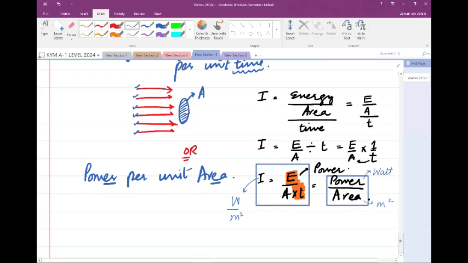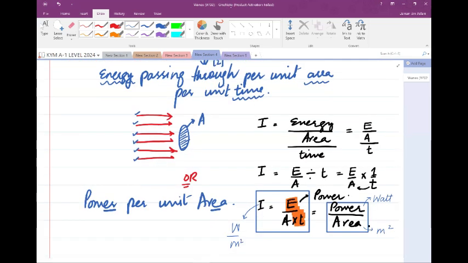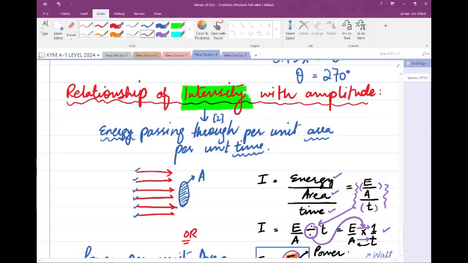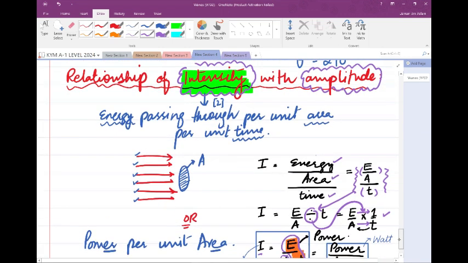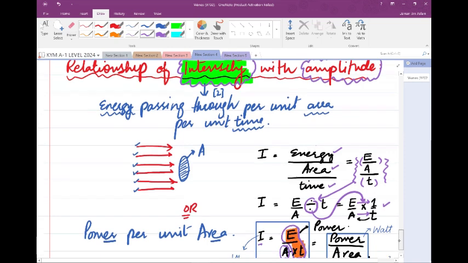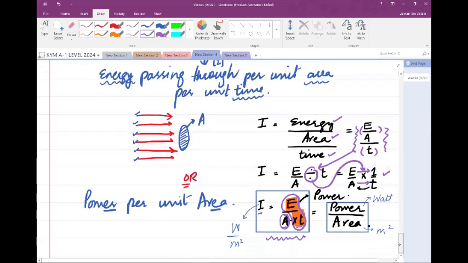Okay, we take a little break here and see if everything is understandable or not. We were trying to discuss the relationship of intensity with the amplitude of the wave. We know what intensity is, we know what amplitude is. Amplitude is the maximum displacement of a particle from its mean position, and intensity is the amount of energy that's passing through per unit area in a unit time.